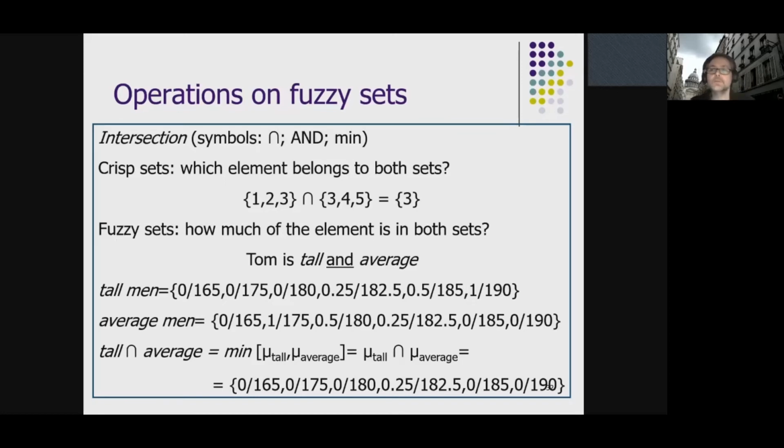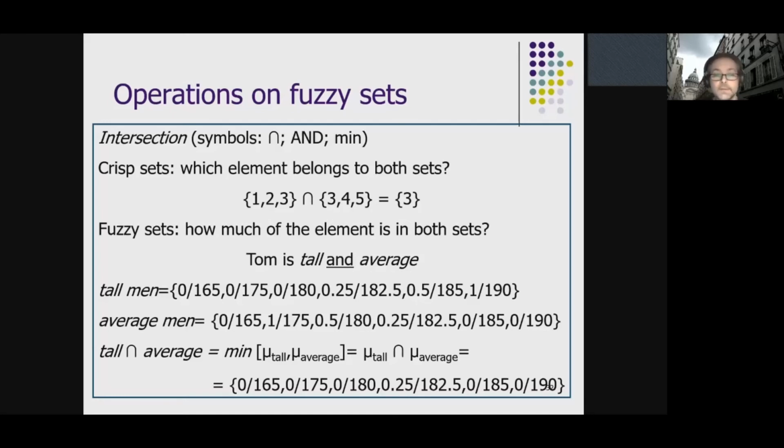Fuzzy logic theory has very clearly defined operations which apply on fuzzy sets. Like in normal sets, we have operations like the union and the intersection. The same kinds of operations are defined for fuzzy sets, but in a very specific way.